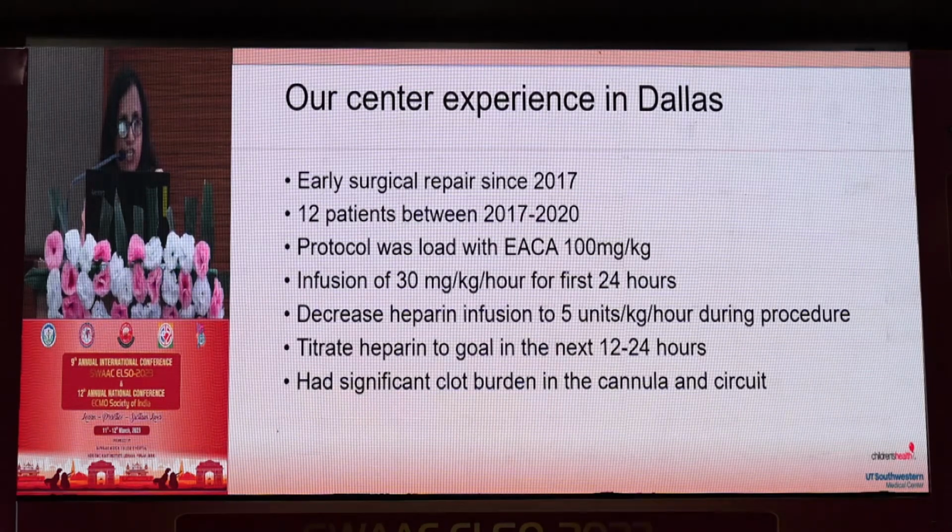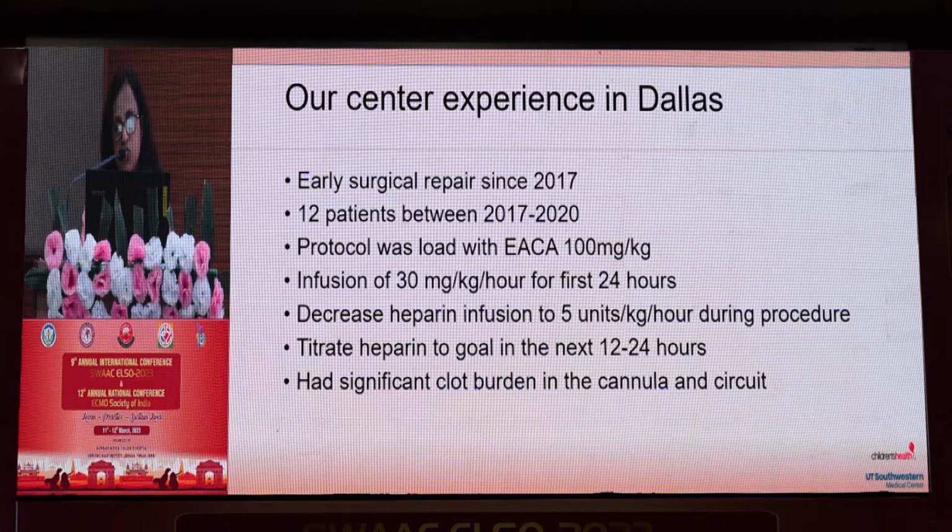So then we changed our protocol to where we did load them with the same amount of aminocaproic acid and kept the same infusion, but we decreased the heparin only to about 10 minutes, and then we ramped up the heparin to goal anticoagulation within the next 4 to 6 hours, unless they had significant bleeding.